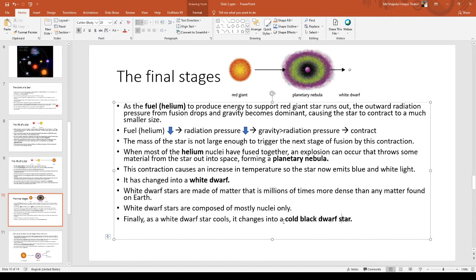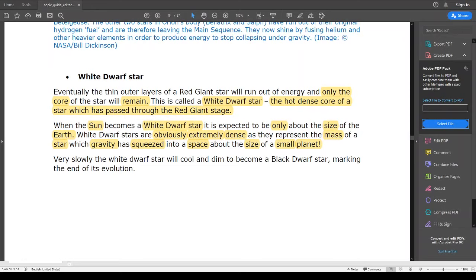It will turn into a red giant when it runs out of hydrogen, and then when it runs out of helium, for a small amount of time it will become a planetary nebula, radiate a lot of energy, and then become a white dwarf and continue to radiate energy, and slowly but surely its temperature will decrease and decrease until it becomes a cold black dwarf star.